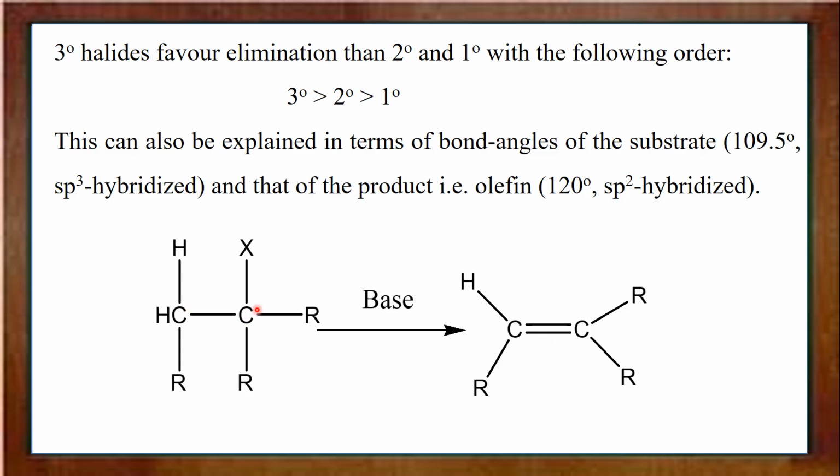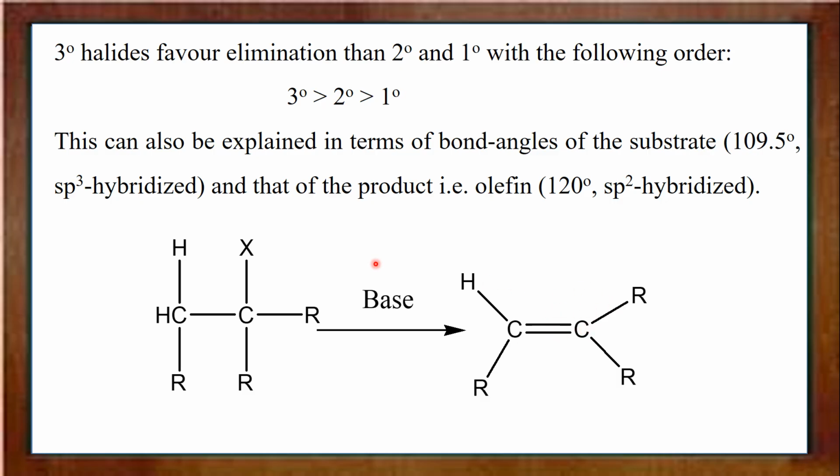In this carbon, there are three bulky alkyl groups which cause more steric strain. The angle between any two alkyl groups is 109 degrees 28 minutes, as this carbon is sp3 hybridized. When it undergoes elimination, this carbon becomes a double bonded, sp2 hybridized carbon. Here the bond angle is 120 degrees.